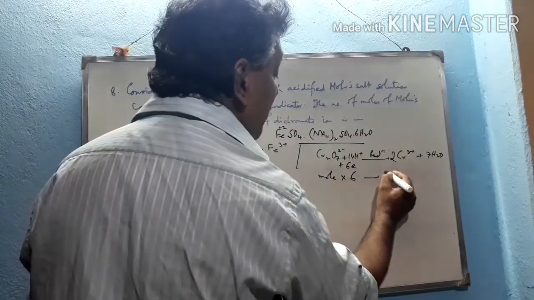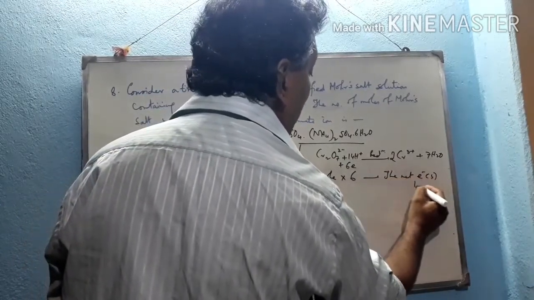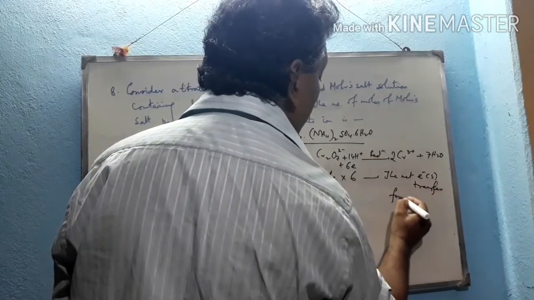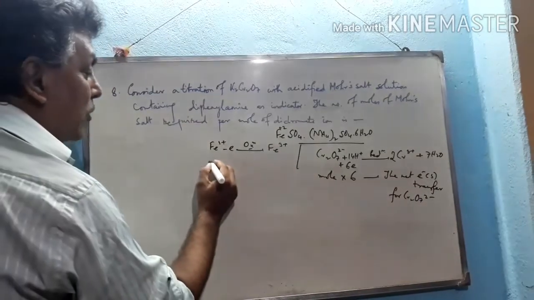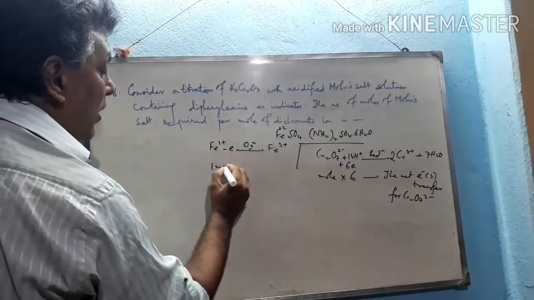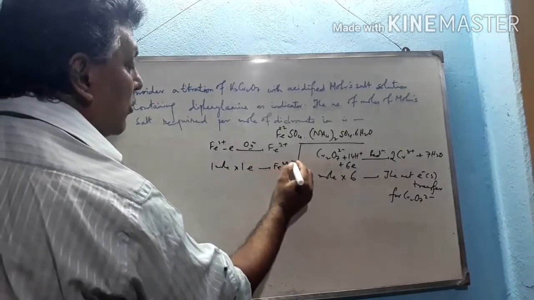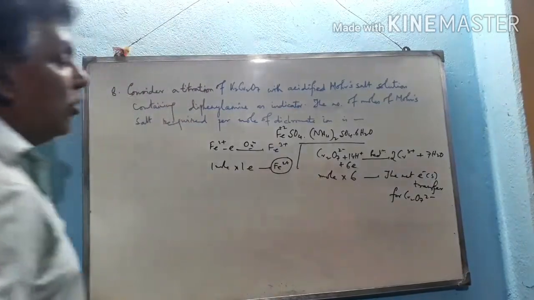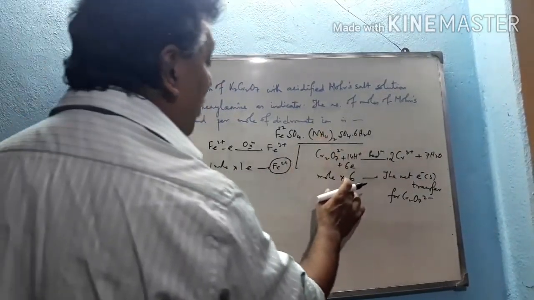This is the net electron transfer for dichromate anion Cr2O7 2-, and here the net electron transfer is 1 mole into 1 electron for Fe2+ ion, and this must be equal. So per mole, this will be equal to mole divided by number of electron transfer.